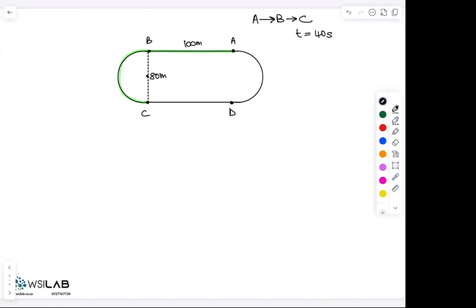Okay, first question. What is our average speed? This is more difficult. And then 2, what is the average velocity? Okay, take your time because you're doing really well.